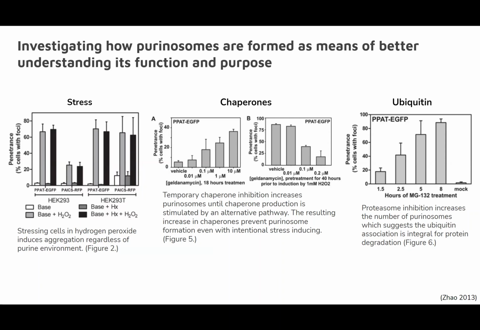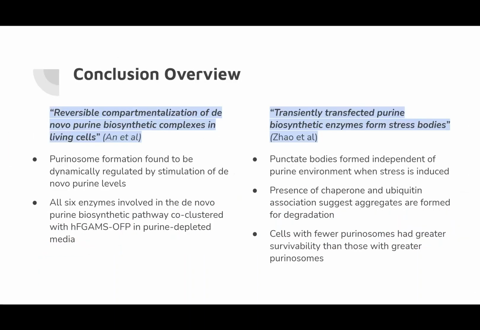So therefore, results of this study suggest that formation of purinosomes, despite purine-depleted conditions or the presence of chaperones or association with ubiquitin, indicates that purinosome formation is a result of overexpression and form in order to be degraded.